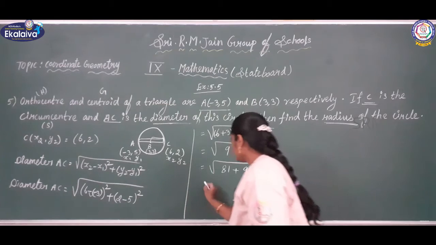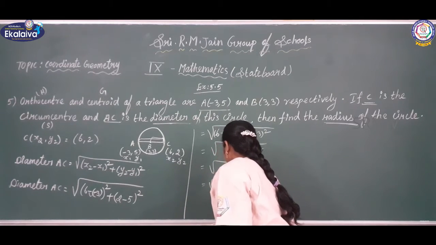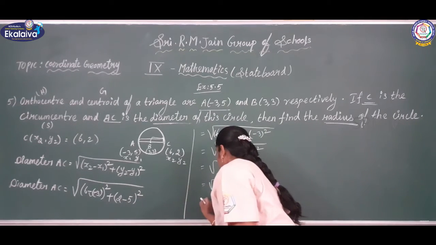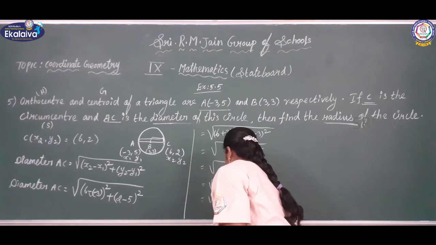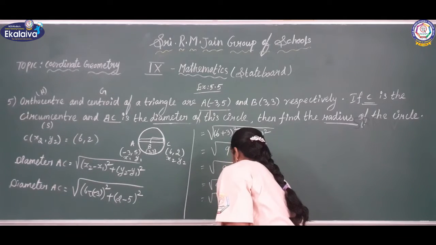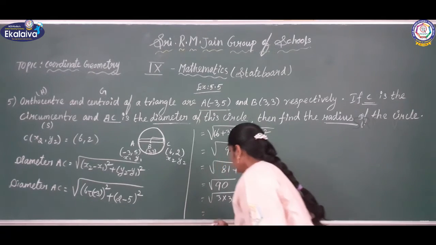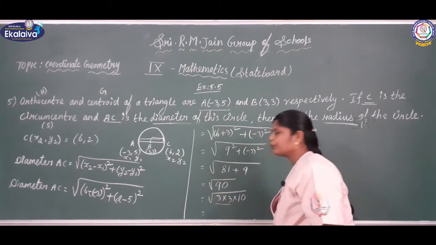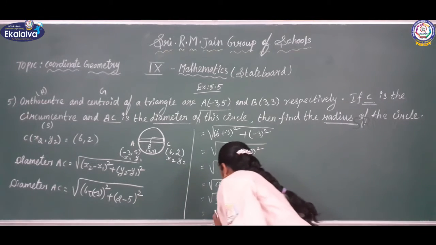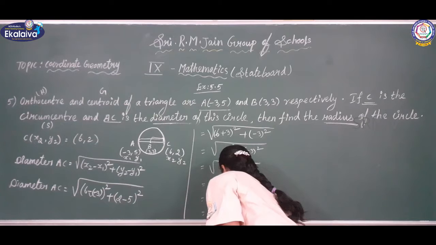Now you add this 81 plus 9, what you are getting? 90. Okay. How can you split this, children? 3 into 10. Okay, so here this is the square root. Out of 2 you take it 1. Okay, so 3 root 10.